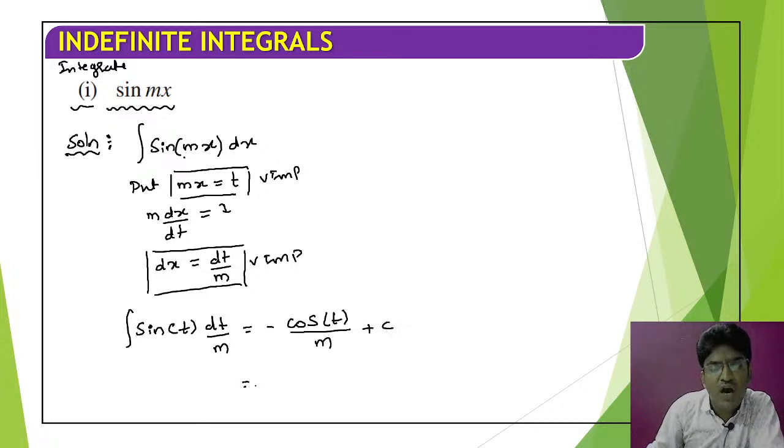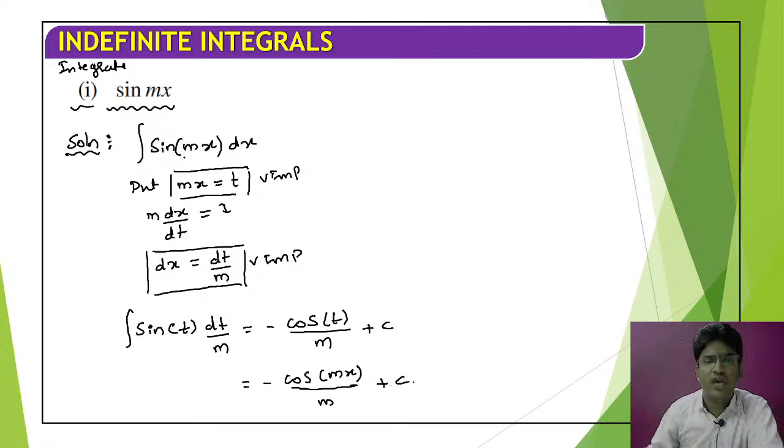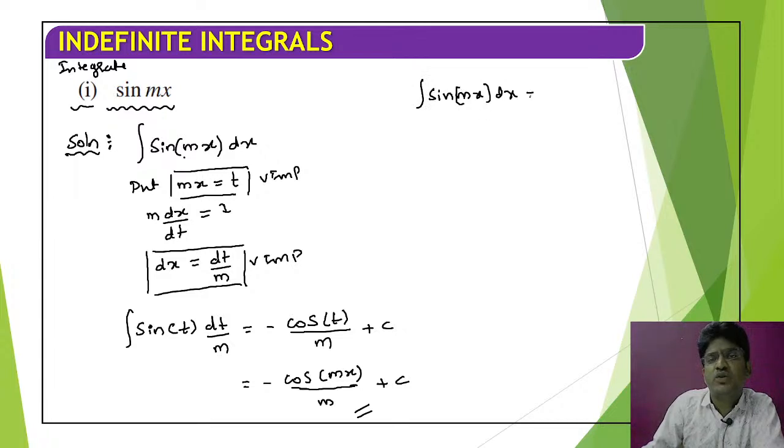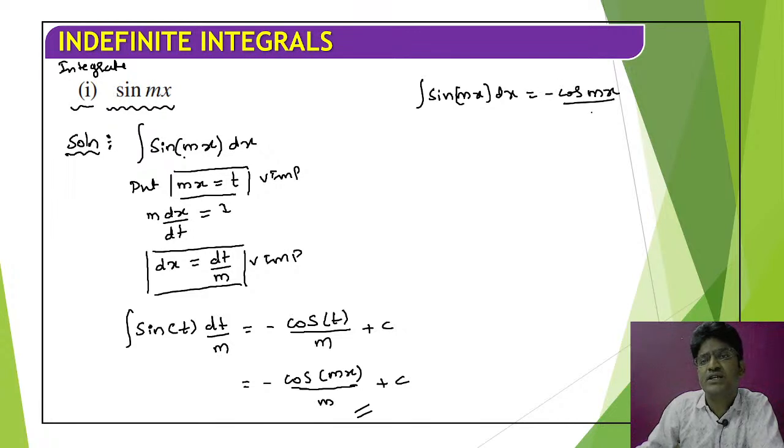Okay, so now minus cos of what is t? See here, t is mx, divided by m, plus c. Now this is your answer, that is, integration of sine mx with respect to dx is equal to minus cos of mx divided by m plus c.